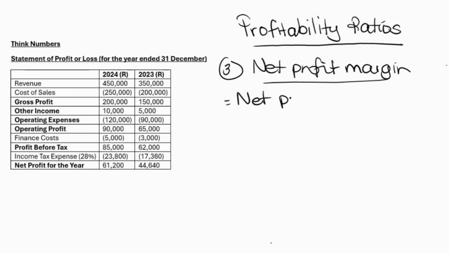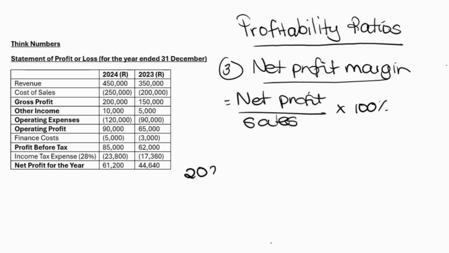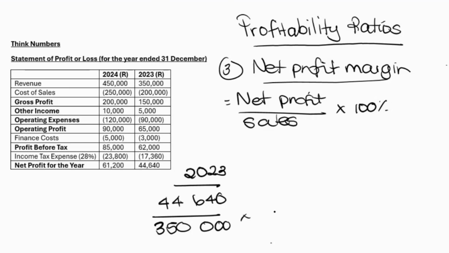It's going to be our net profit divided by sales. And because it is a margin, obviously we're then going to multiply it with 100%. Starting us off with 2023, the net profit for the year 2023 was 44,640 divided by my revenue, which was 350,000.